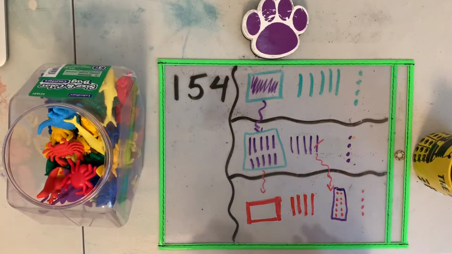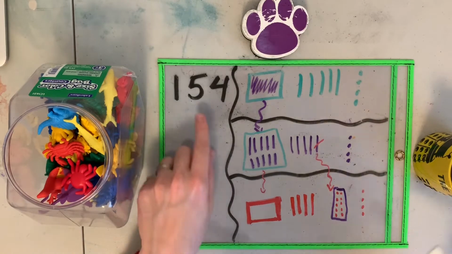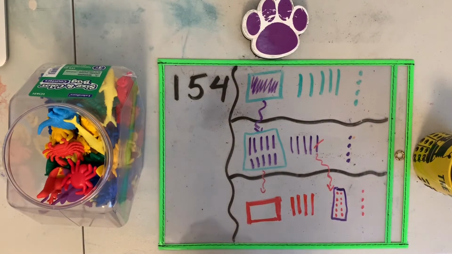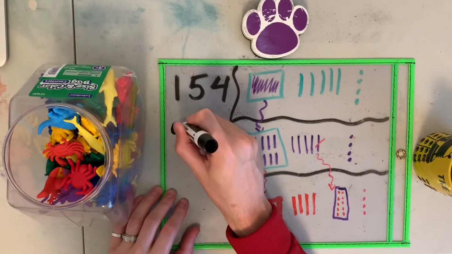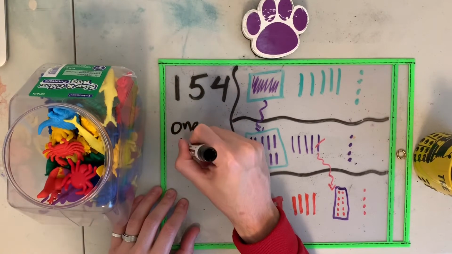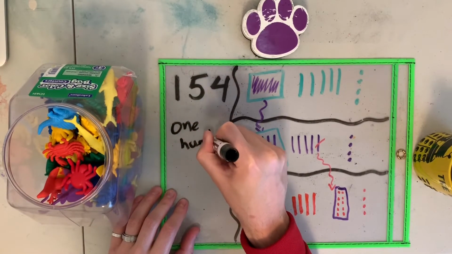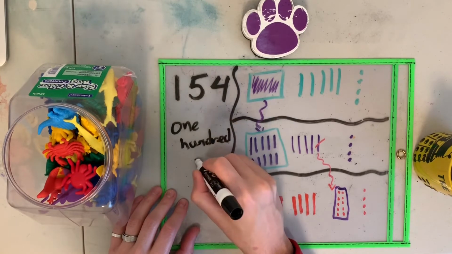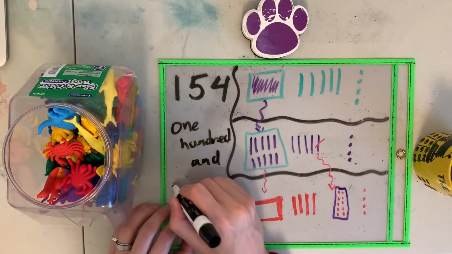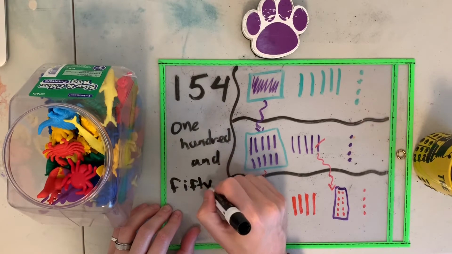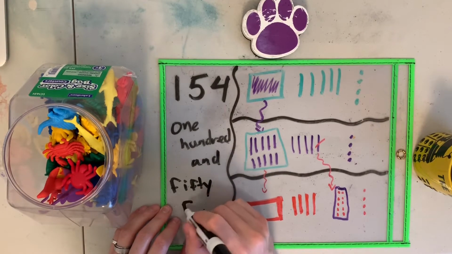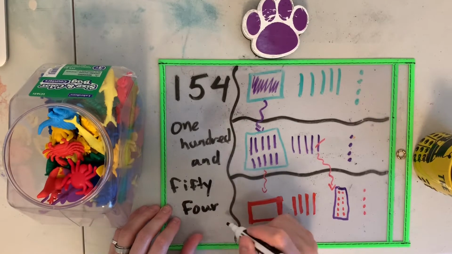So this is what I want you to do. After this, then I need to write it in word form. We have 154. This is 100 and 54.